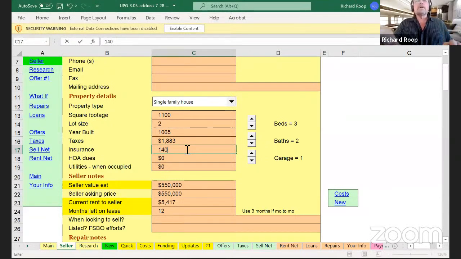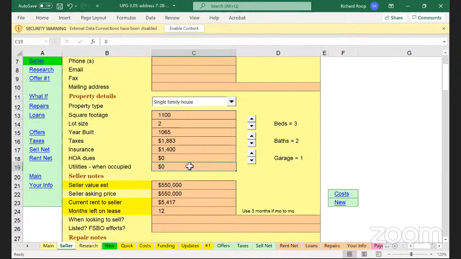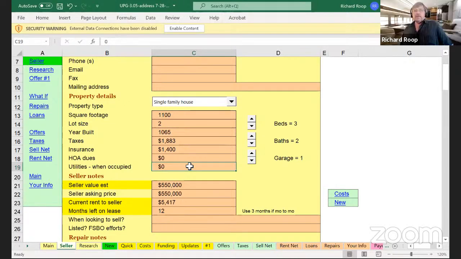And I'm gonna walk you through this, and then you can always get more refined later. Sure. No homeowners dues, right? No. Are you going to be paying any of the utilities when it's tenant occupied? No.